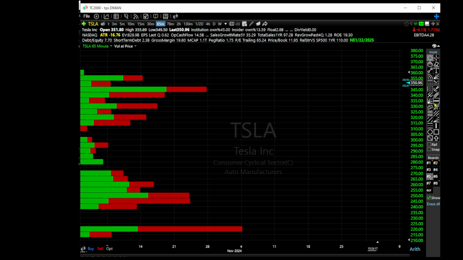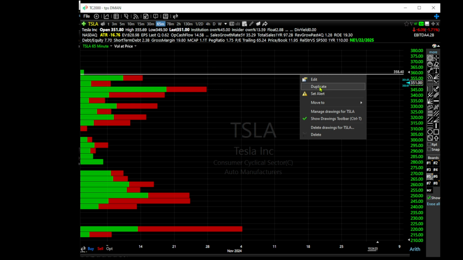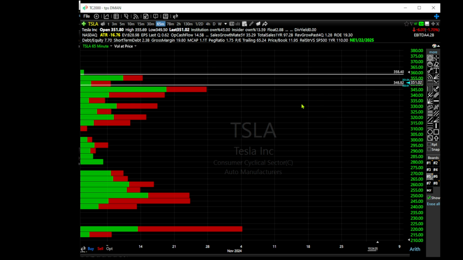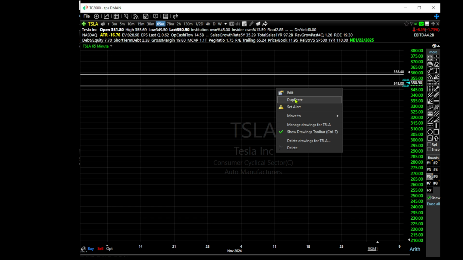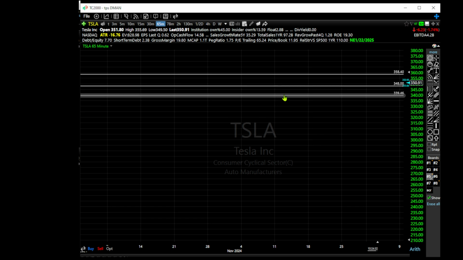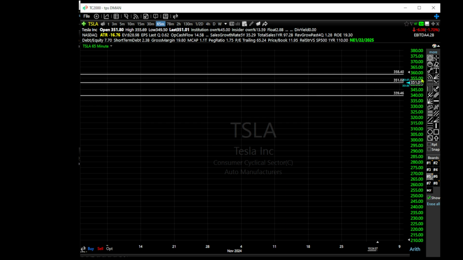So what I'm going to do here on this blank Tesla chart is I'm just going to imagine, this is all fake. Let me get rid of this so we're not confused. So if I were to have these three lines up here, this would be zone 3.